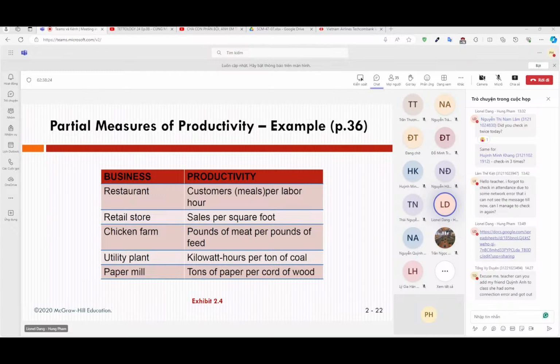So what kind of productivity do you measure? What is your output? It can be your revenue. And what is your input?